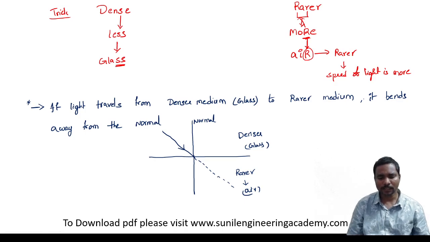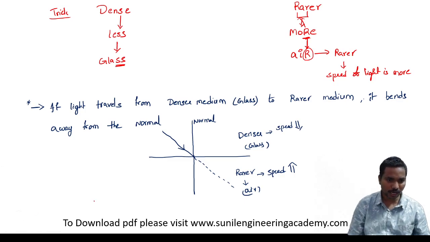But what is happening, whenever there is a denser medium, speed of light is less. Speed is less here, and here speed is more. So if it has to increase the speed from low to high, it will bend in the horizontal manner. It will bend like this.